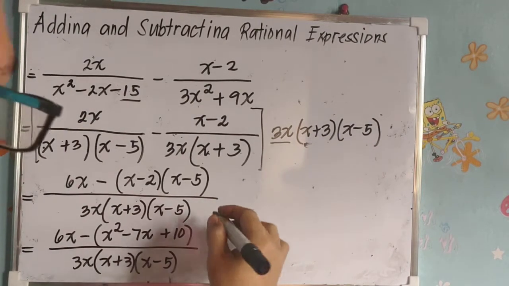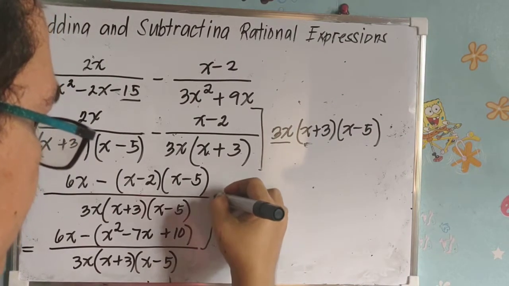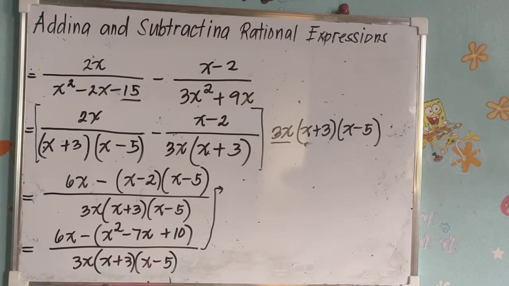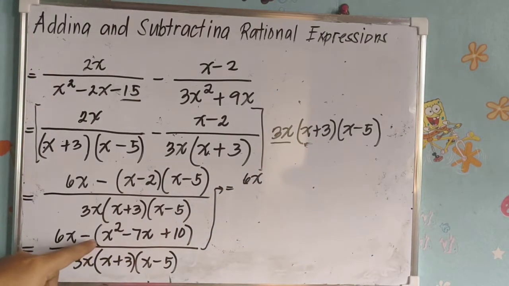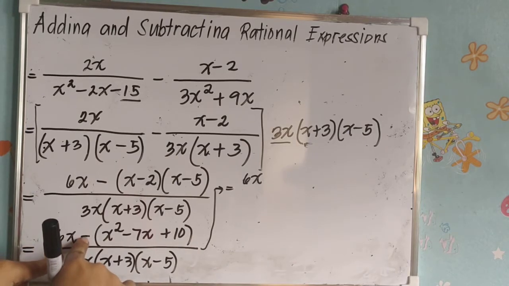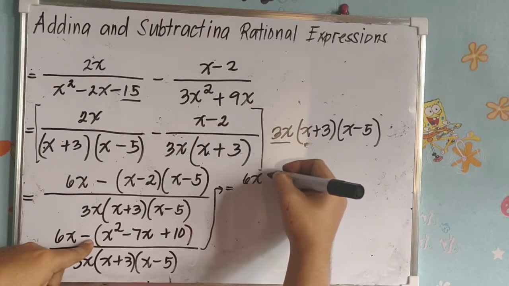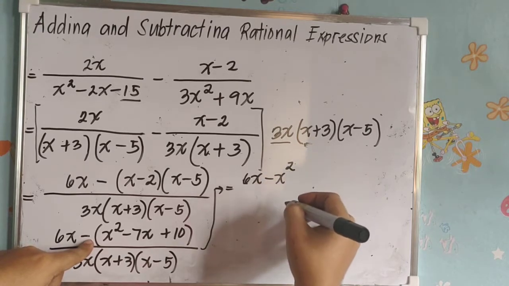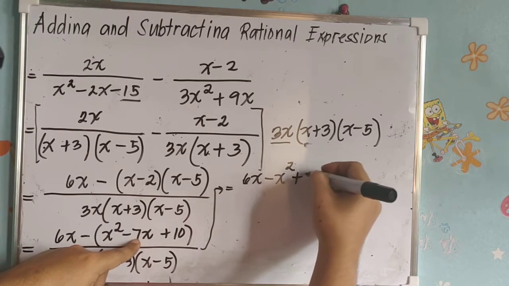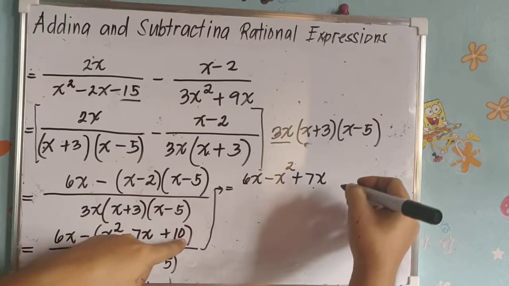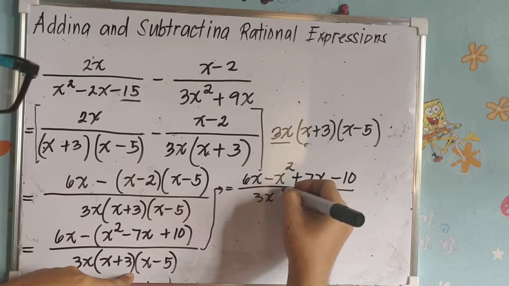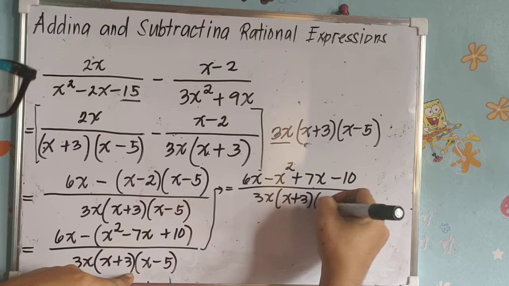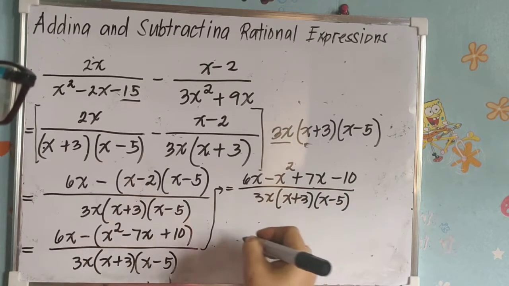Okay? And let's simplify further. We have 6x. To remove the parentheses here, distribute the negative sign. So negative times x squared, we have negative x squared. Negative times negative 7x, we have positive 7x. Negative times 10, so we have negative 10, all over 3x times the quantity x plus 3 times the quantity x minus 5.